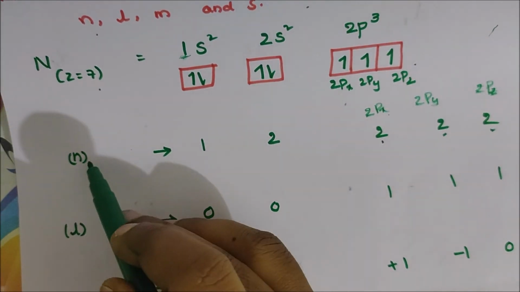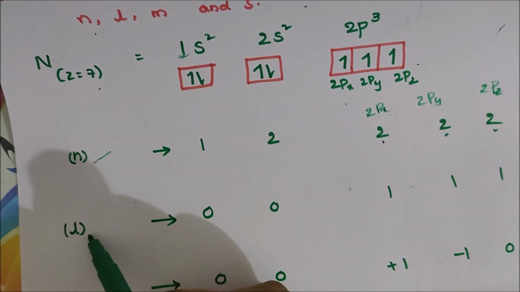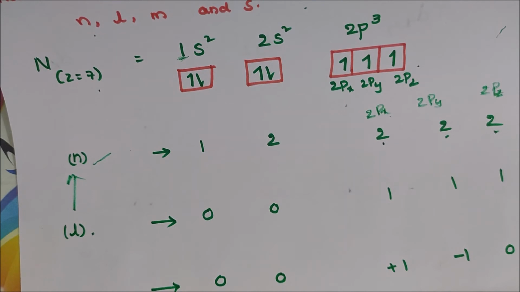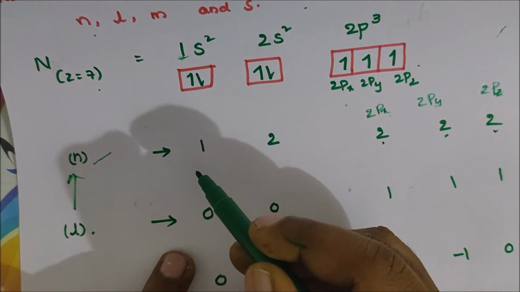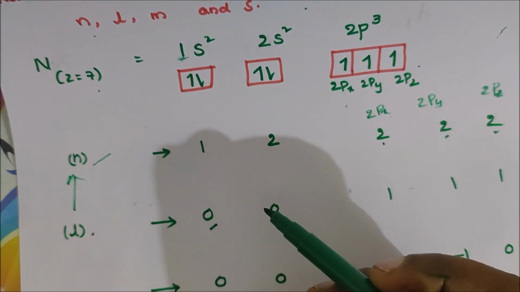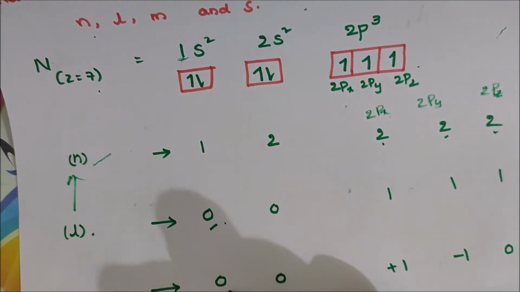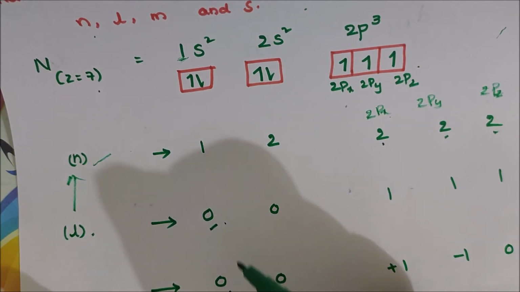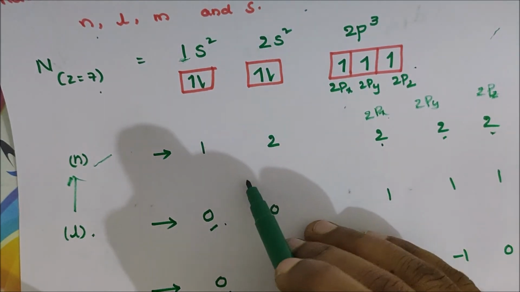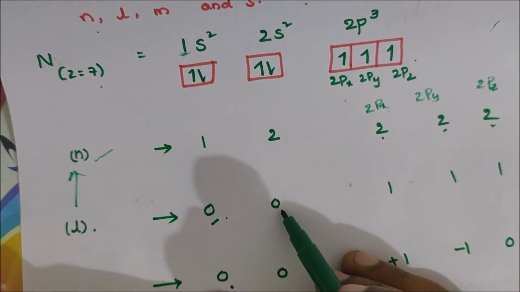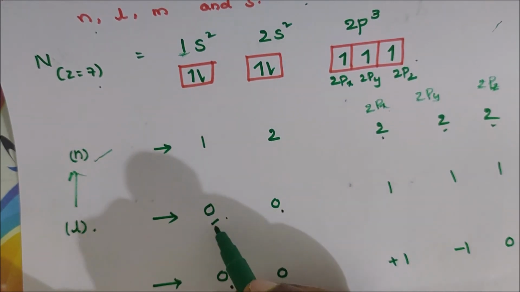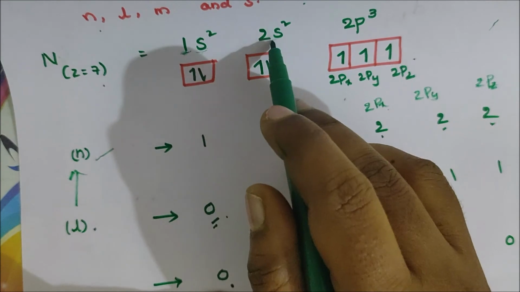Next, the L value always depends on the n value, that is L equals n minus 1. So for n equal to 1, 1 minus 1 is 0. L value 0, M value 0. And next, the 2s orbital has n value 2, and 2 minus 1 gives an L value of 0. Why is it 0? Because these are s orbitals.